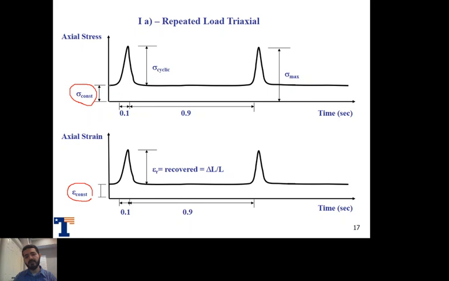And then once I apply the deviator stress, I'm going to start to see that we are measuring some strain that corresponds to the amount of stress applied. Again, we see it applied at 0.1 second, then a 0.9 second unloading, and this keeps repeating.